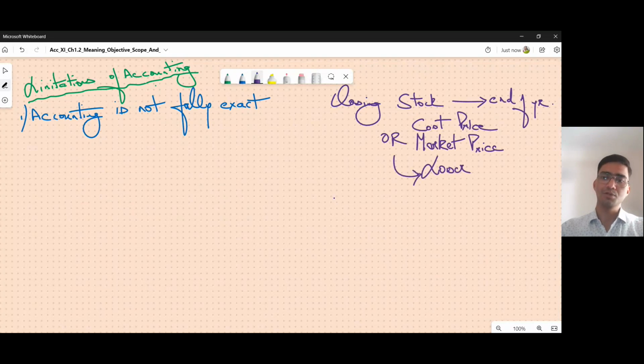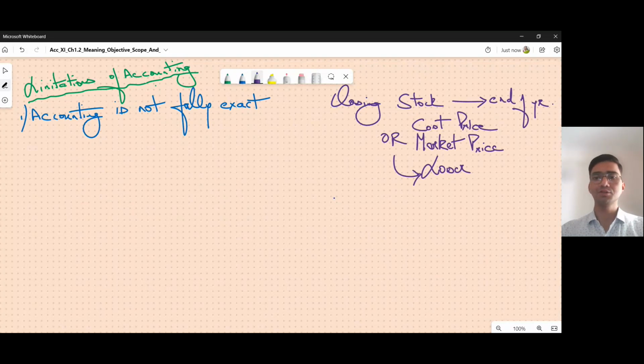Okay, whichever is lower, we value closing stock at that price at the end of the year. So this is an assumption. It's not exactly what we are supposed to do, but we are keeping this in mind that it is going to be taken at this price.